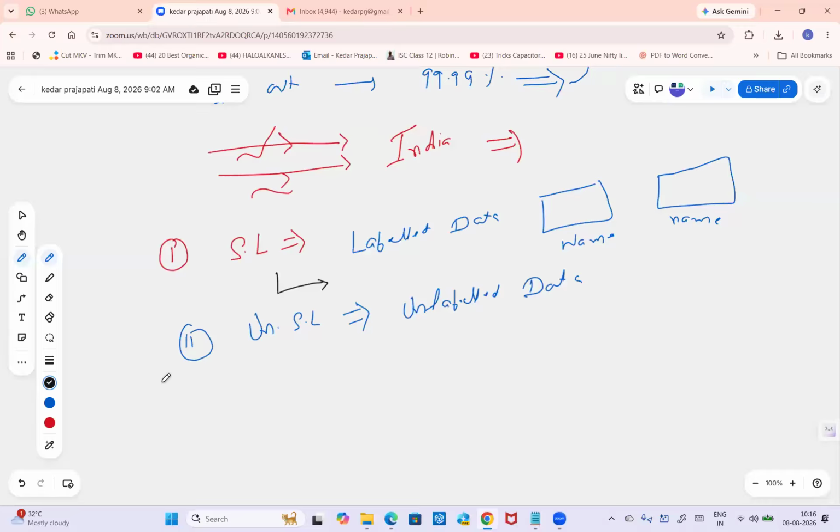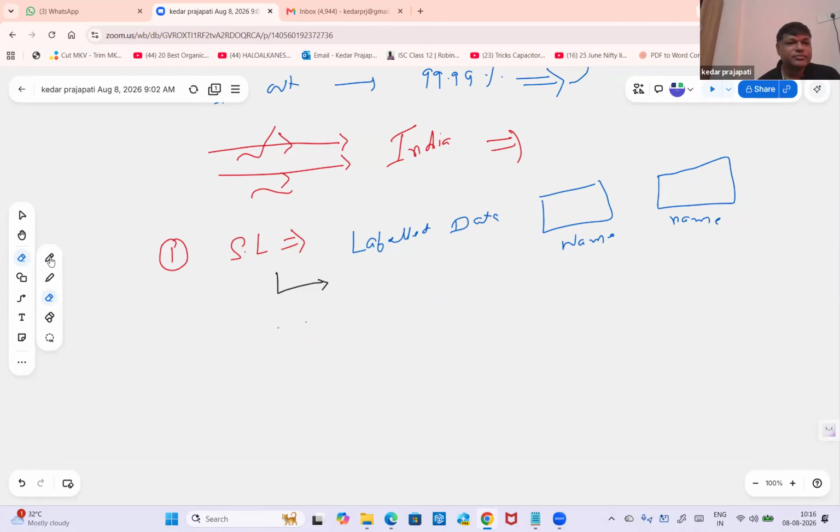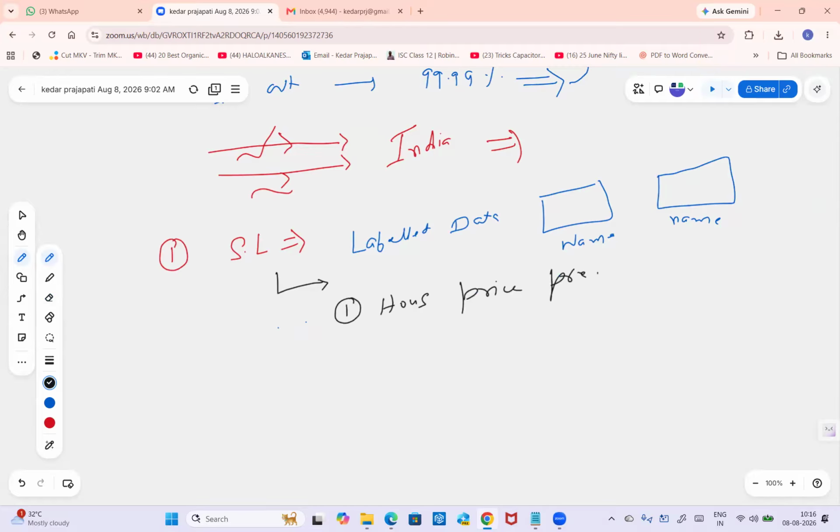We saw spam mail, and land rate, square feet versus the price, linear regression. Tell one, guys. One is house price prediction. Another one, study time versus marks. Email detection, spam detection.